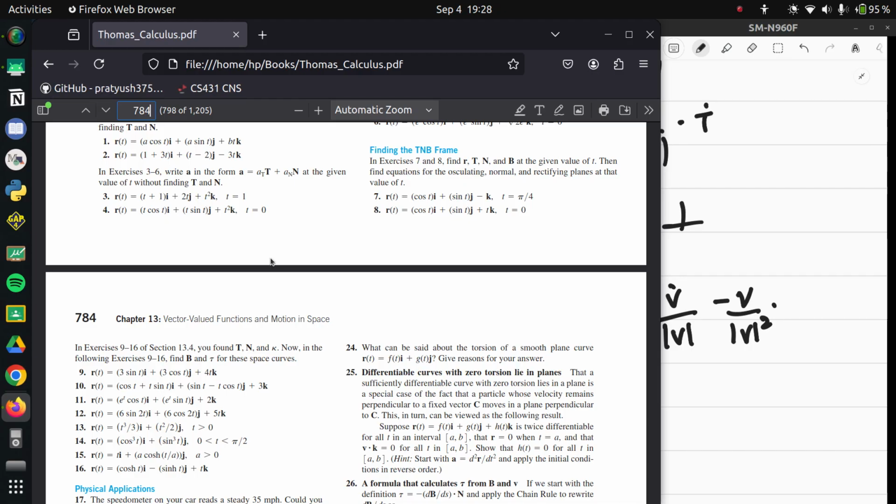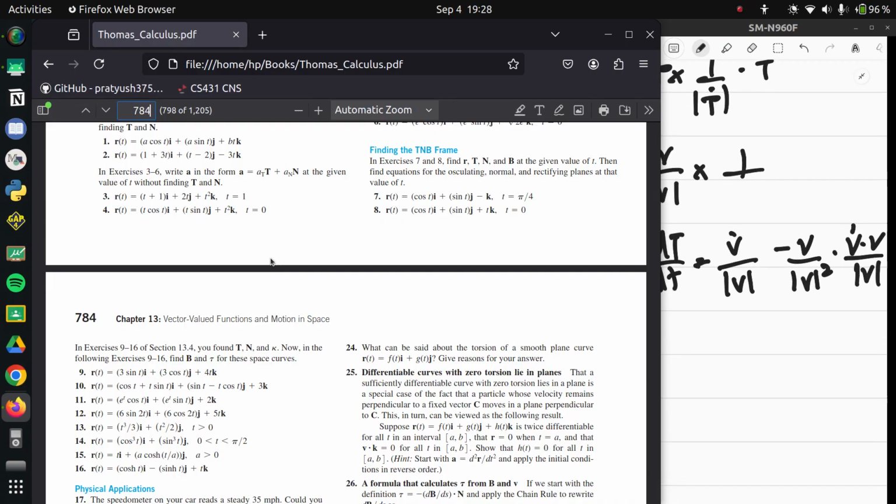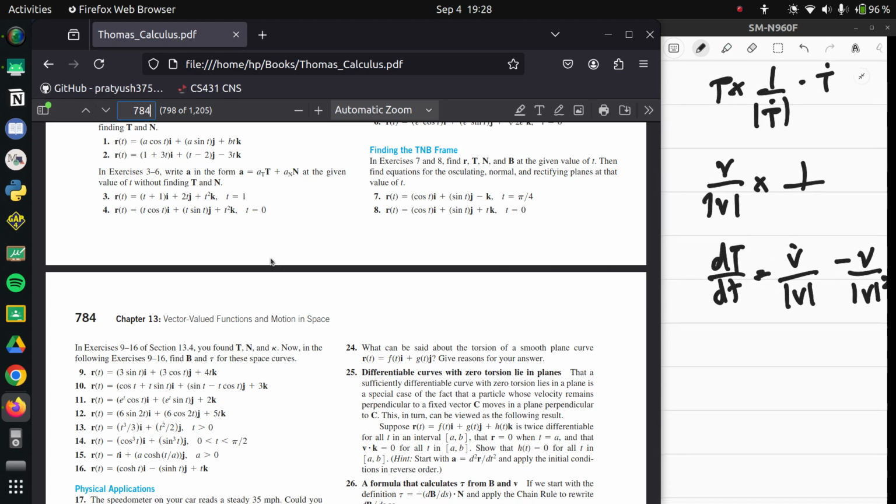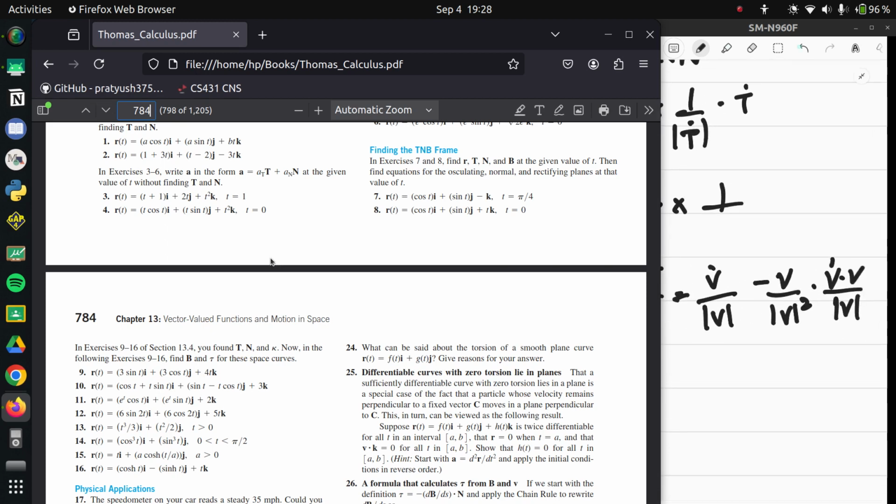Sure, that isn't really useful, right? Oh, but actually that might be useful. This is v dot times v upon magnitude of v. That probably would work. Just v square, that cancels with this. Hey, that is 0. That doesn't even make sense. Something is really messed up.